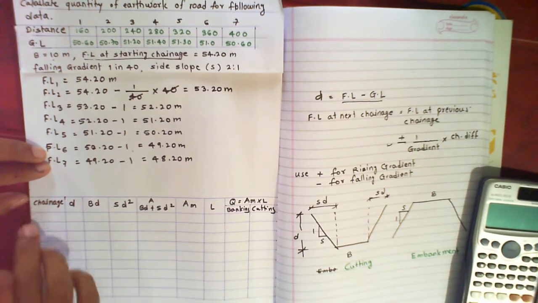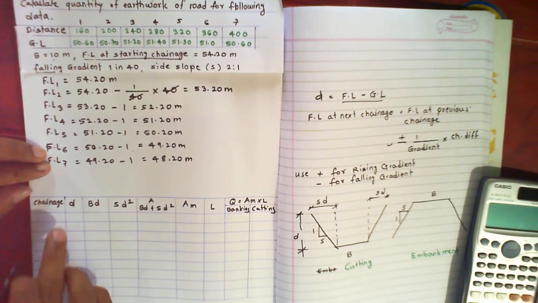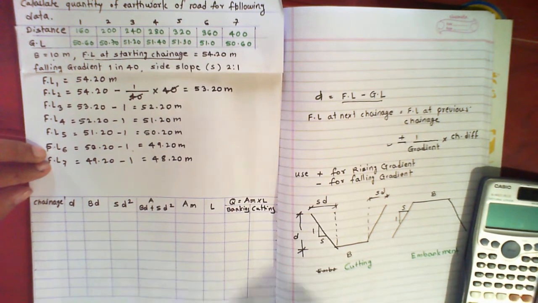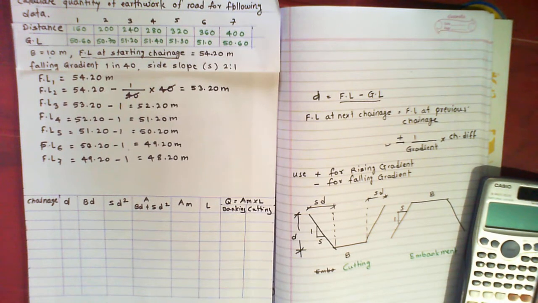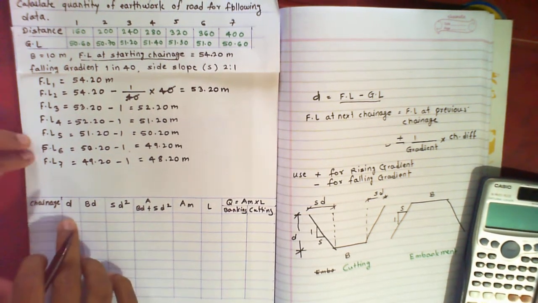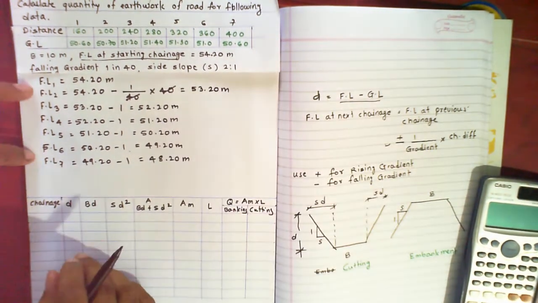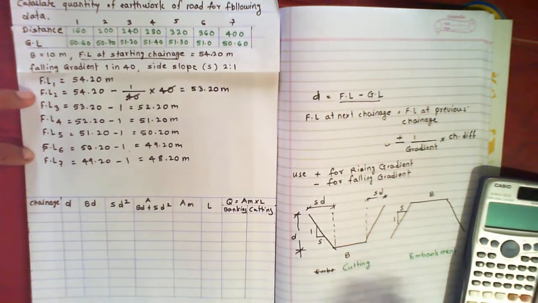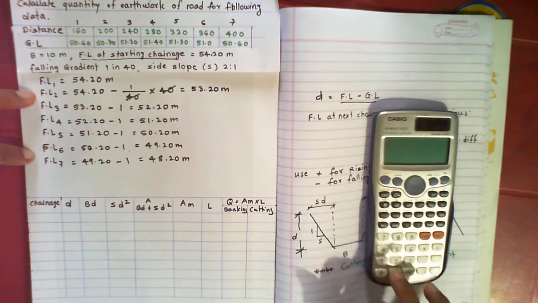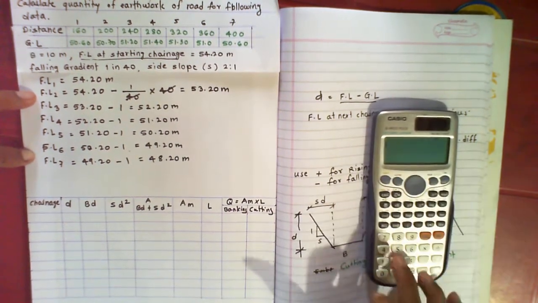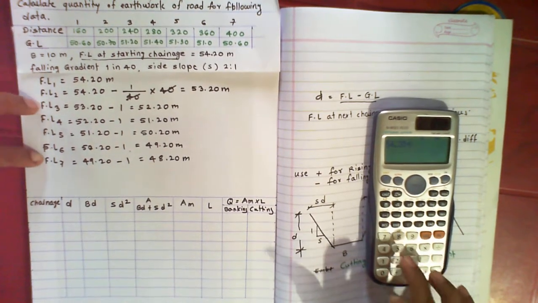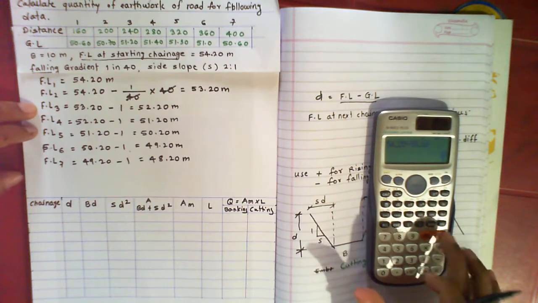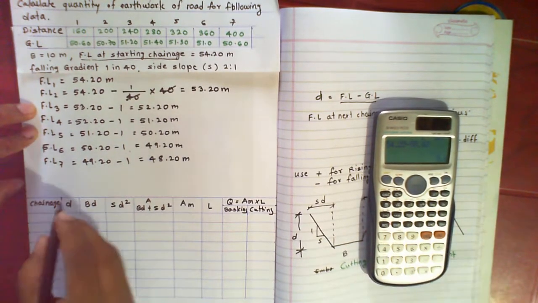So before placing the chainages, we are calculating depth. So we can place the zero depth. So now calculating first depth, that is FL minus GL. So FL1 is 54.20 minus first GL 50.60. So it is 3.6.